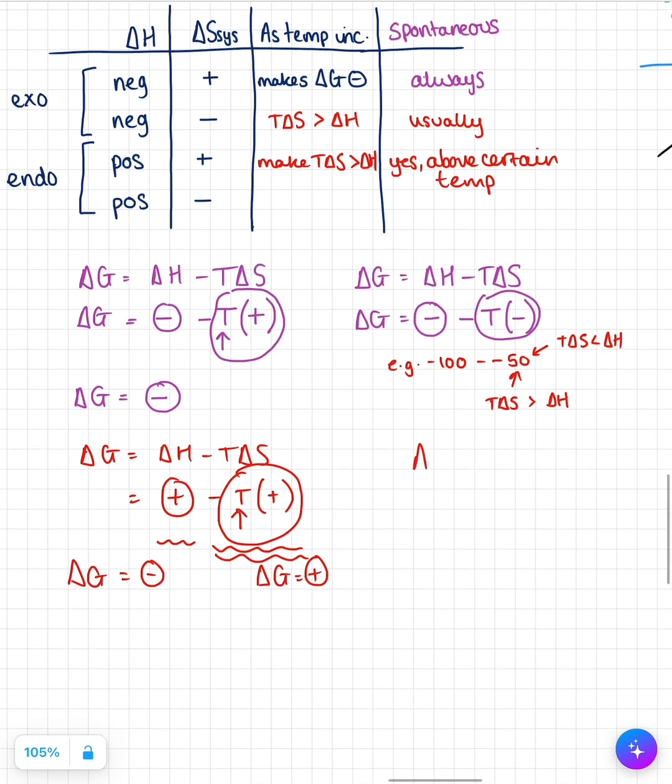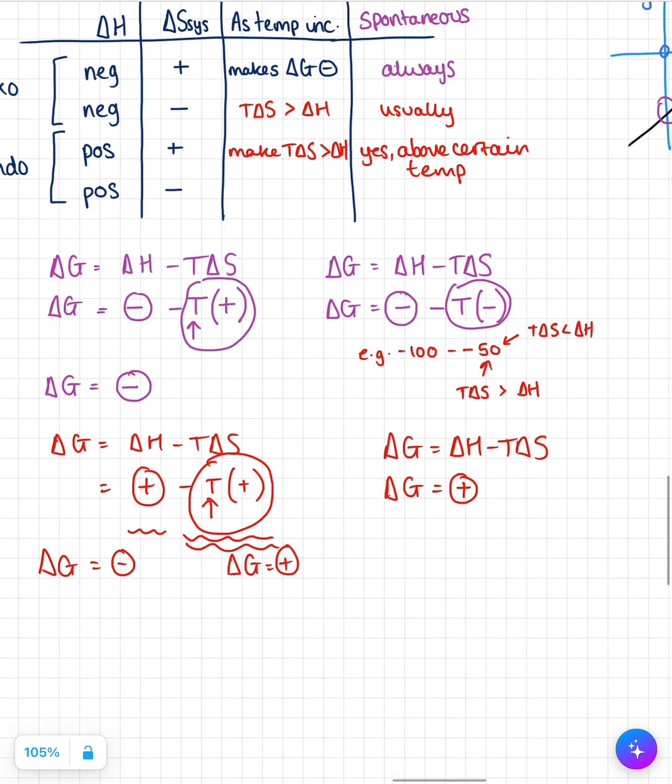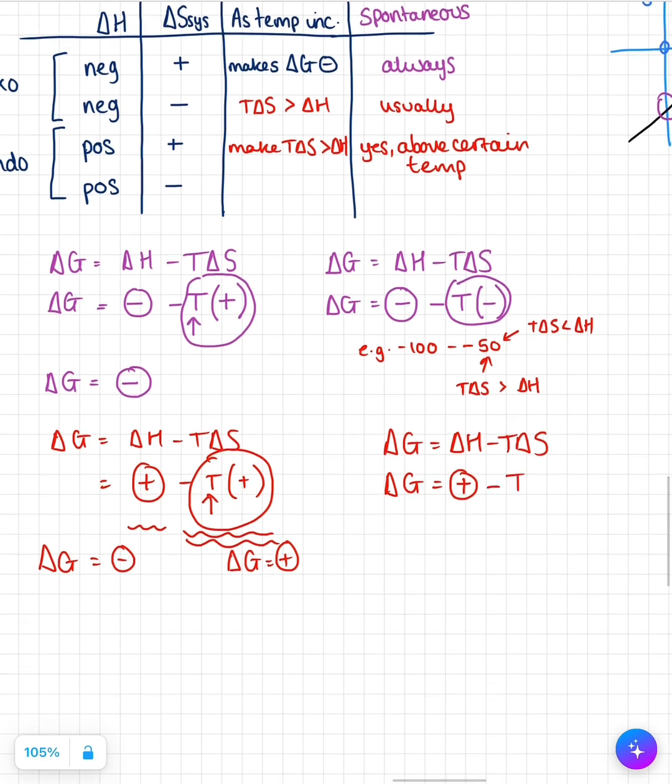And then finally, we look at the manipulation of Gibbs once more. We are looking at an endothermic reaction, so a positive delta H, and we are going to be minusing a T times by a negative number.